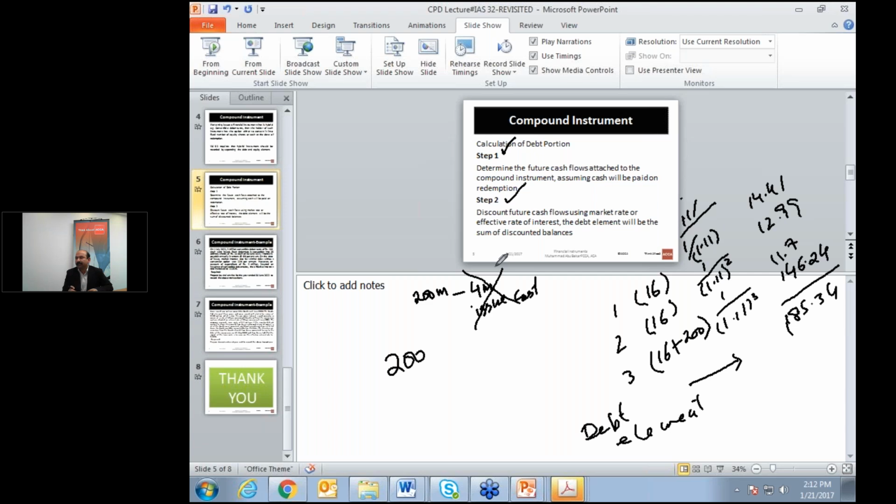Straight away assume there is no issue cost. Apply step number 1, apply step number 2. This will give you the debt element. The difference between this 200 and this debt element will be your equity element, which comes to 14.66.